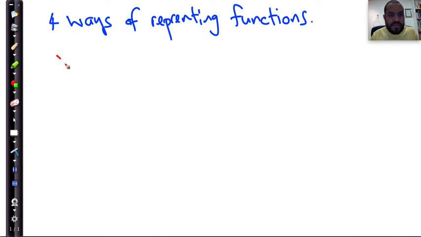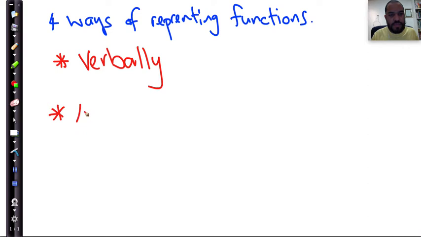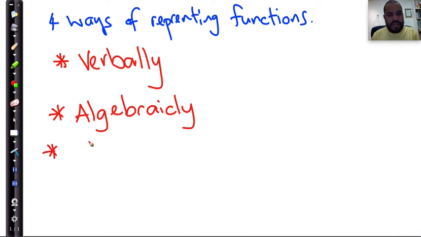The first way is verbally. That's double L. The second way is algebraically, and we're going to look at examples of each of these. The third way is what we call numerically, or in a tabular method.